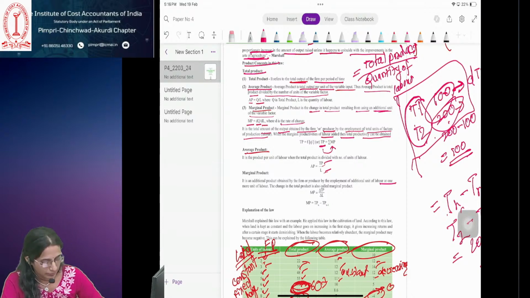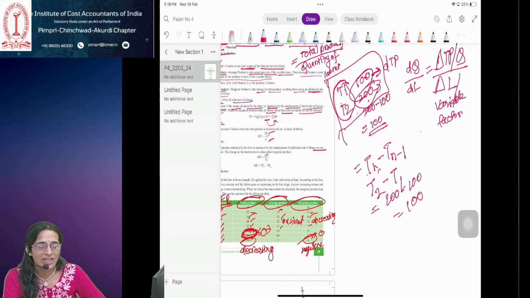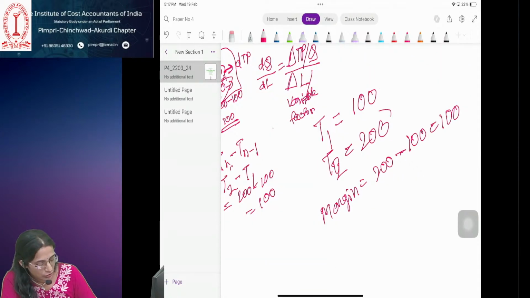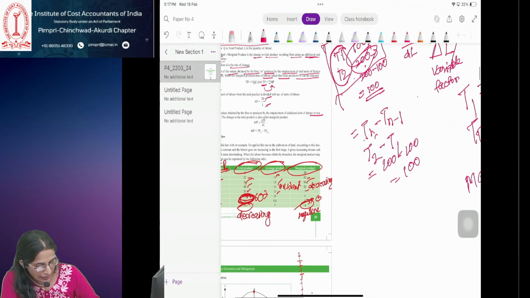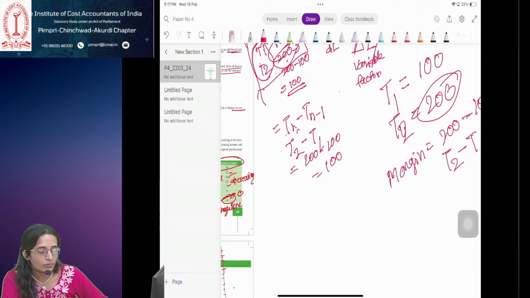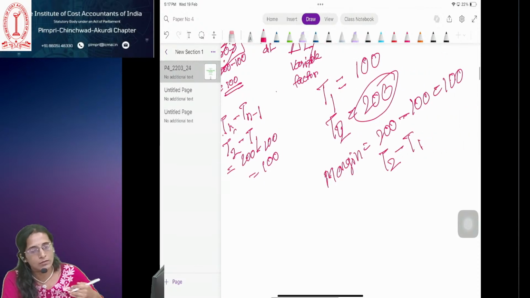T2 T1, okay. What was marginal utility? What is margin? Change. At first it was 100, then it became 200. Margin means by how much it changed compared to before. So what is 200? It is T2, the second one, and T1. So what have they done? Tn and n-1. Tn is the first, it can be whatever, third, fourth. And preceding that, the one preceding n, is n-1. Like marginal utility, we subtract the preceding one to get the margin.